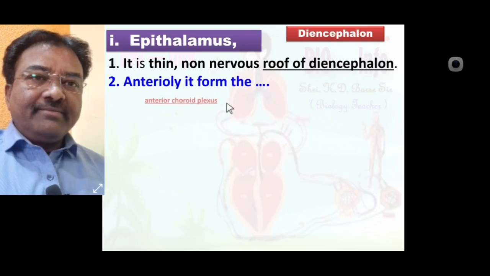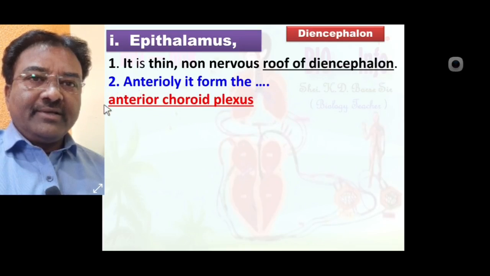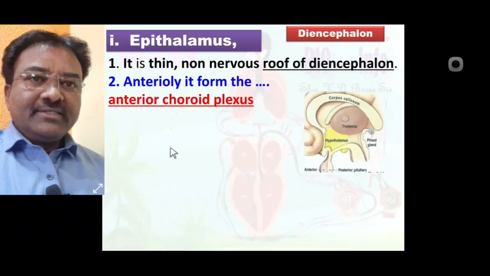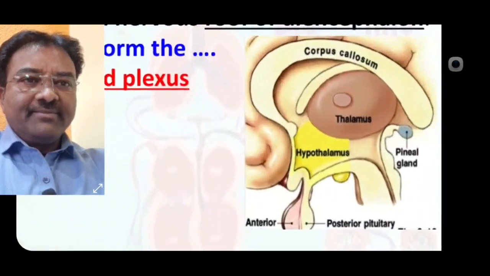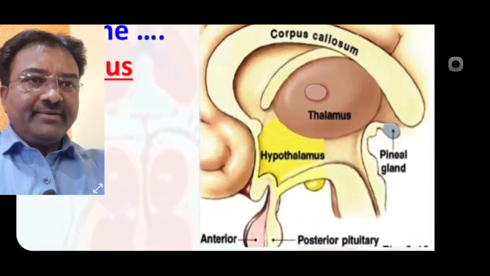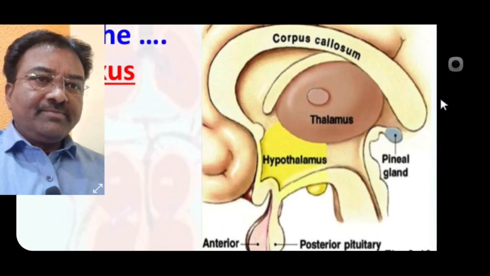Anteriorly it forms the anterior choroid plexus. You know, the anterior choroid plexus is present in the epithalamus, the roof of the diencephalon. The anterior choroid plexus secretes cerebrospinal fluid, no doubt.